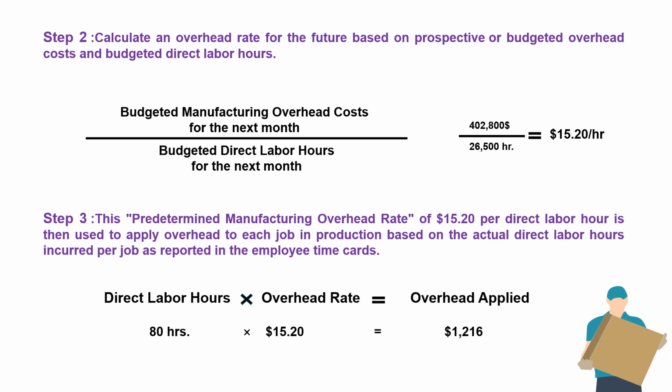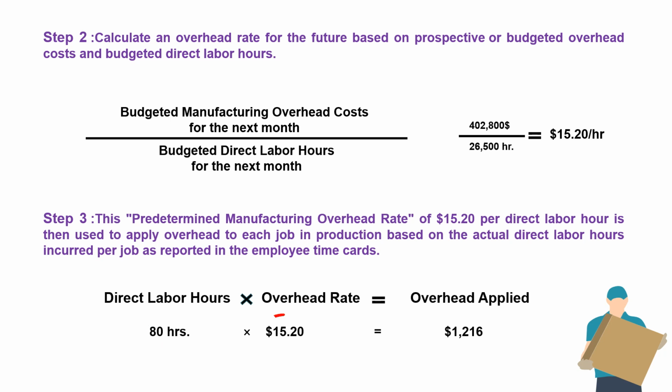How many hours of direct labor were incurred in the production of job 351, those 5 oak tables? Well, if you went back to the job cost record, you're going to see that through time cards, we have identified and measured that we had 80 hours of direct labor associated with making those 5 oak tables.